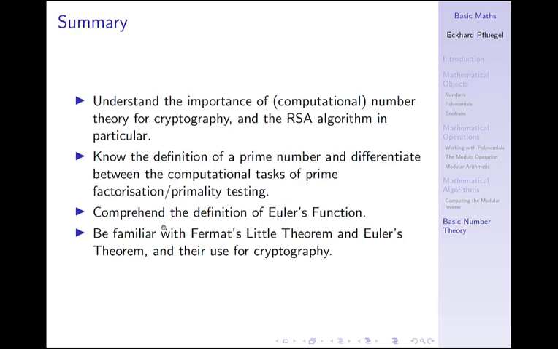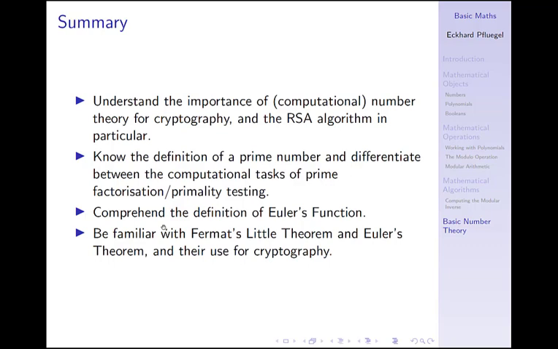You can assume that. So let me finish by summarizing the basic number theory part of this lecture. I hope that by now you understand the importance of number theory for cryptography. You get a better feeling for the kind of things we want to do.